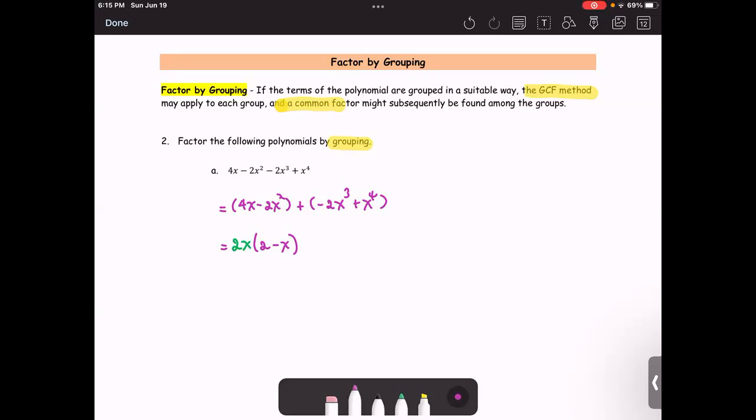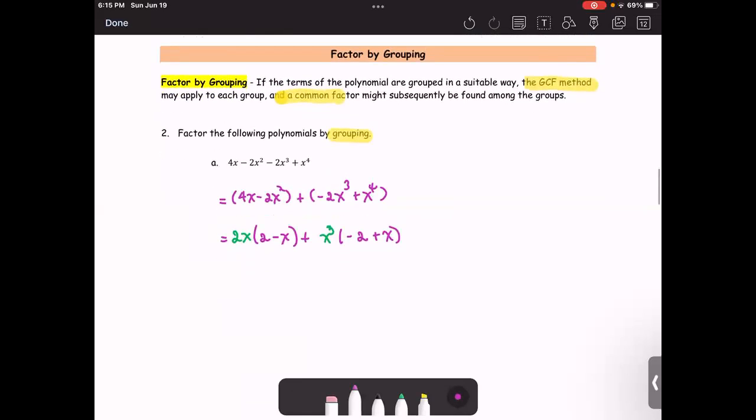So we have x to the third as a coefficient, and the remaining factor for the first term is negative 2, and for the second term it is x. Right now, we have the quantity 2 minus x, and the other one is negative 2 plus x.